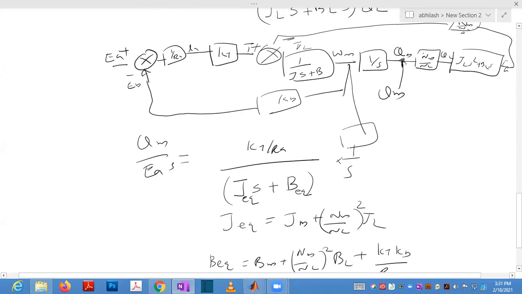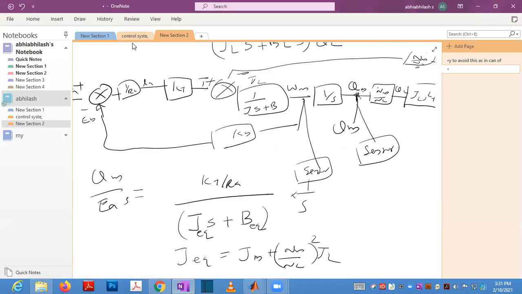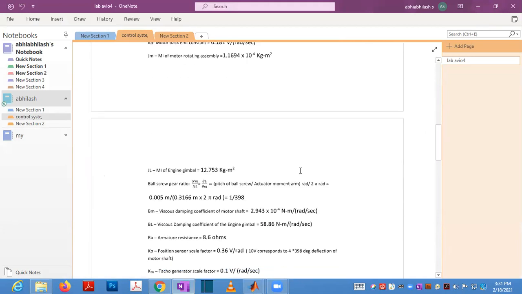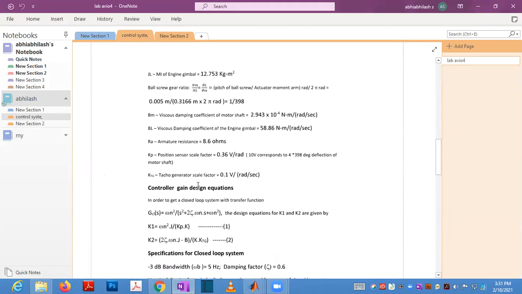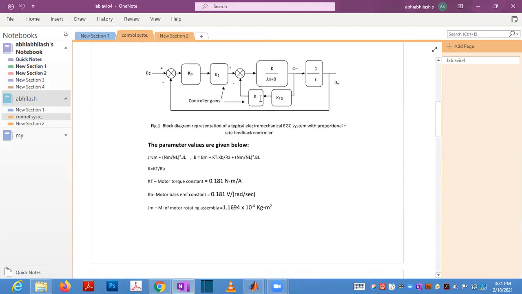So I am connecting a sensor here, and for this position I am connecting a sensor. And that sensor scale factor is KTG, the tacho generator scale factor, and that is multiplied by a K, and it is feeding back here.